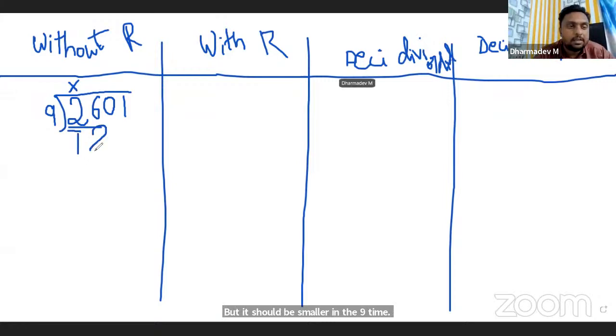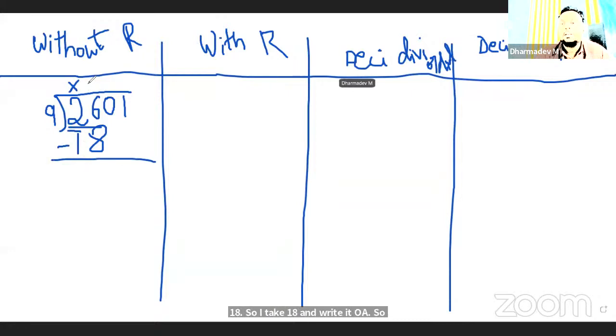So I take 18 and write it over here. 26 minus 18 is 8, and I get a 0 right now. Which number is closer to 80 but smaller in the 9 times table? Closer and smaller, that is 72.